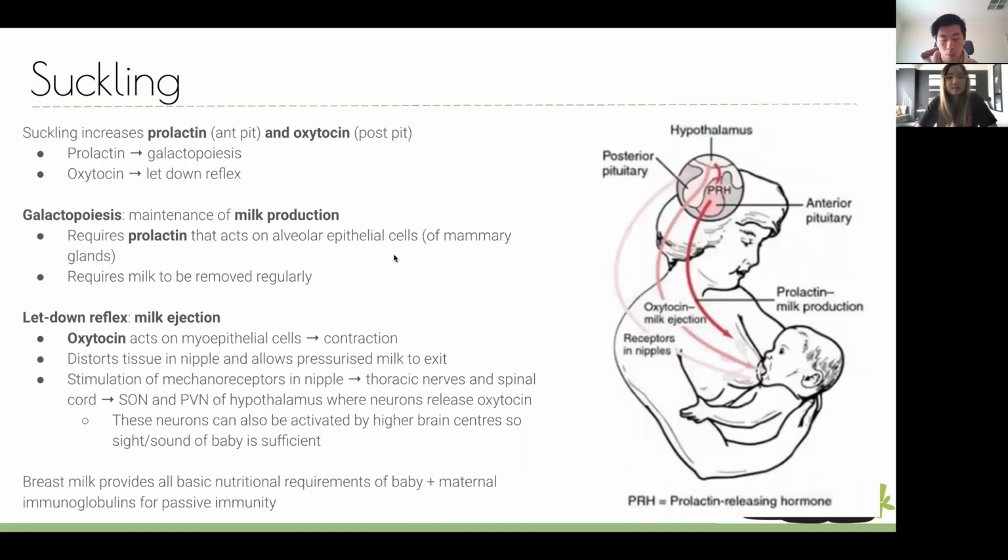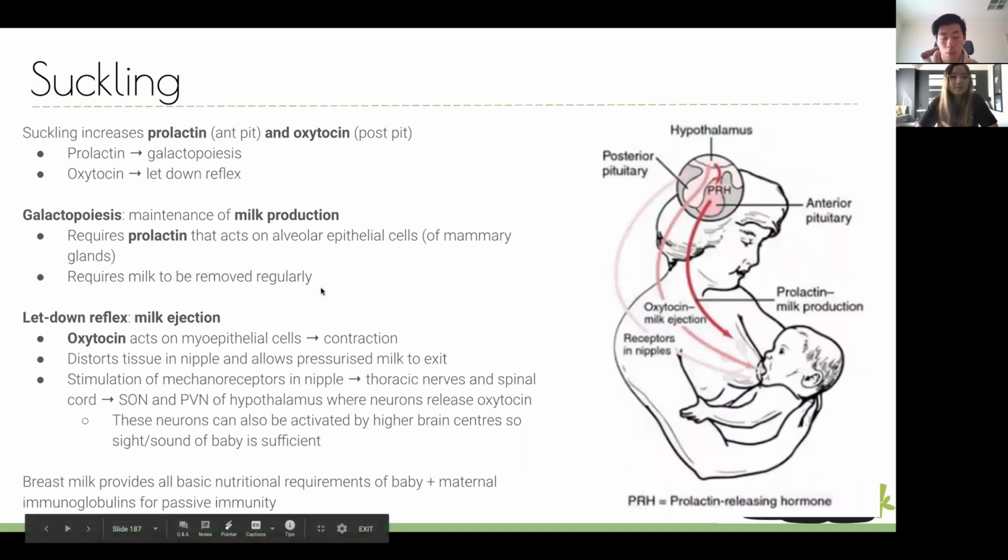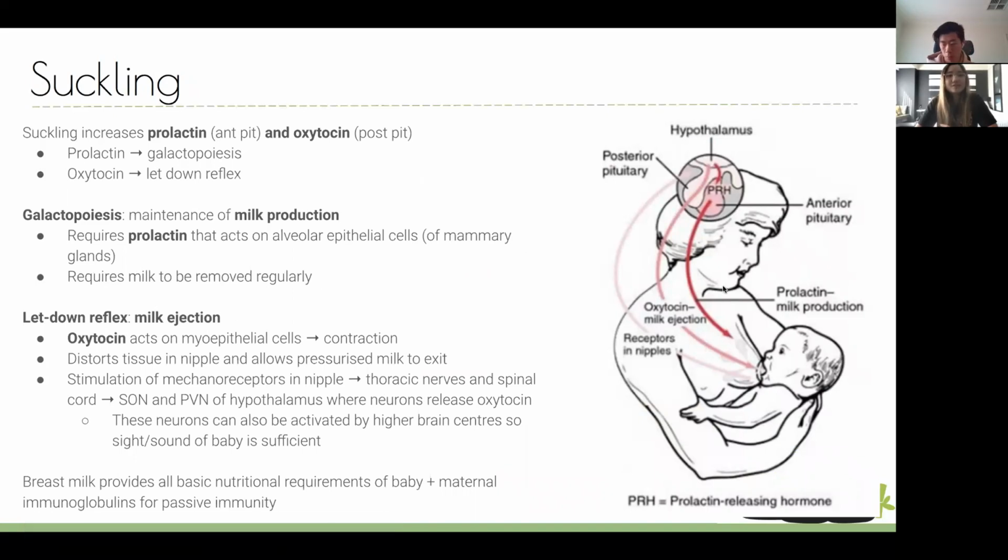Suckling is this, and there are a couple things that you need to know about it. So there's a positive feedback loop called the letdown reflex. Or maybe I'll come to that a bit later. But yeah, suckling increases prolactin by the anterior pituitary and oxytocin released by the posterior pituitary. And these two work on two different things.